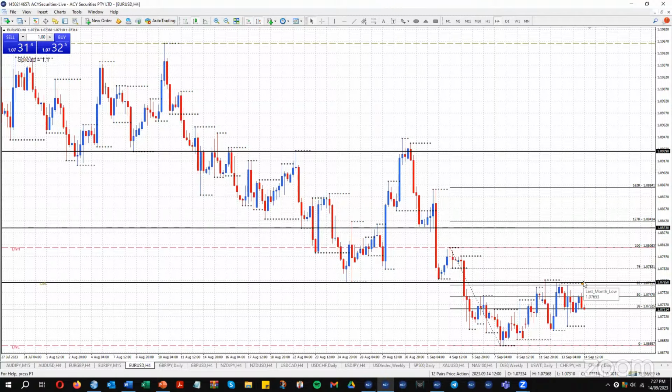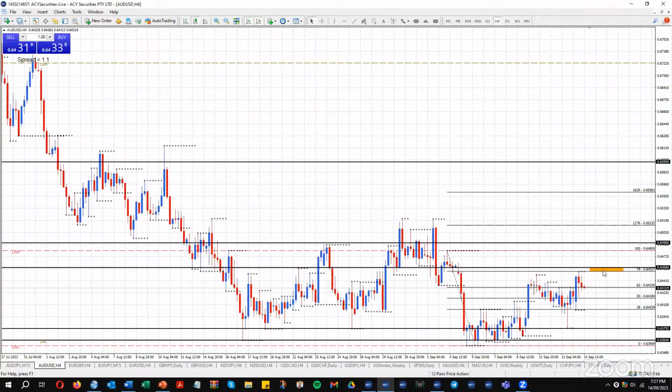Most of my fibs at the moment are drawn across last week's trading range on most pairs. Same on the pound dollar. Okay. So that's how I've got it on the euro dollar. All right, so back to the Aussie. Watching that 79% level in this range at monthly resistance for a trade back down.